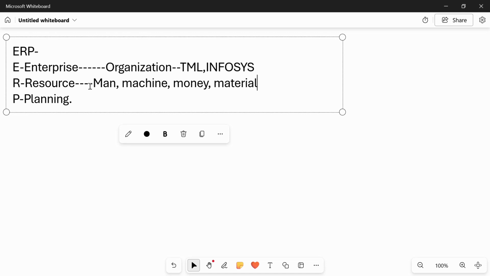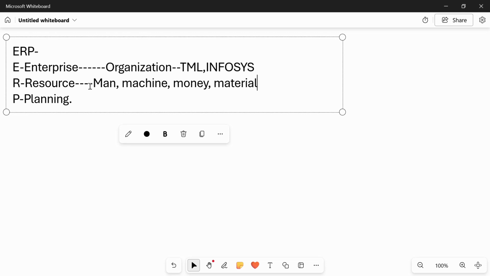So to manage such large enterprises with a number of resources, organizations started using ERP tools. That means ERP software. So we can say ERP is a software system that helps organizations streamline their core business processes. The business processes means manufacturing, procurement, sales, finance. These are the core business processes.